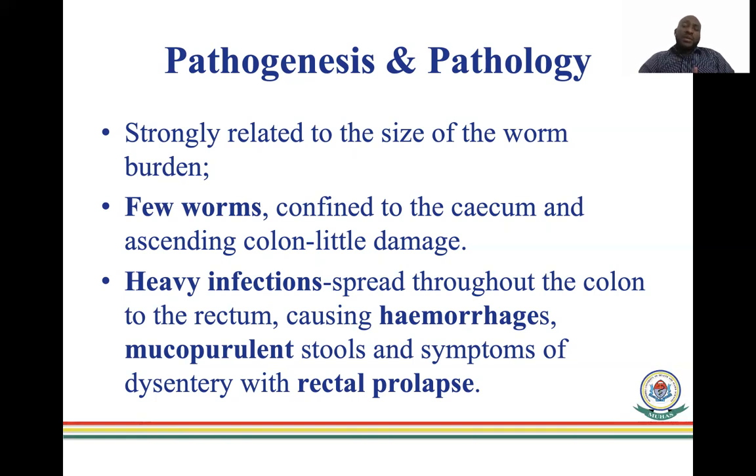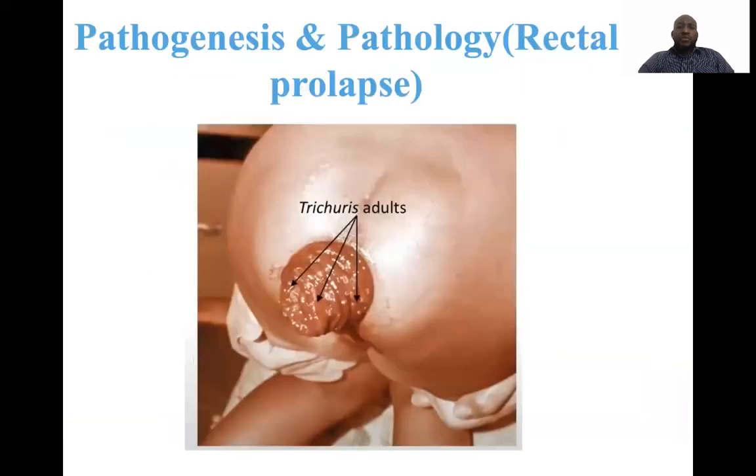Now, why would someone get rectal prolapse, as you see in an image like this? It is because these parasites, once they have embedded in the mucosa, cause some edematous swelling, and the swelling of the mucosa makes you feel as if you have the urge to defecate. It feels like you have feces to push out, so you tend to push more every time.